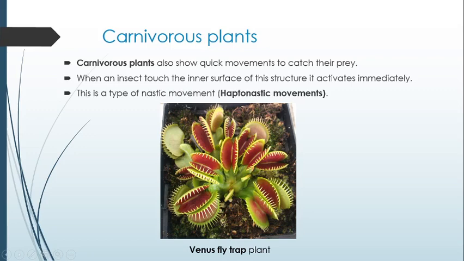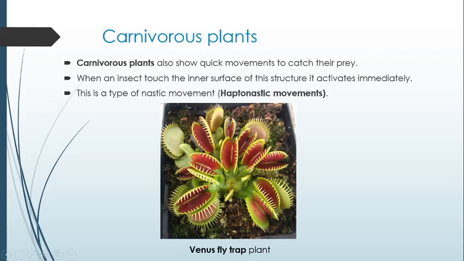If the soil does not have much nutrients, there can be these carnivorous plants. So they need to complete their nutritional needs. For that, they catch small animals as their prey.